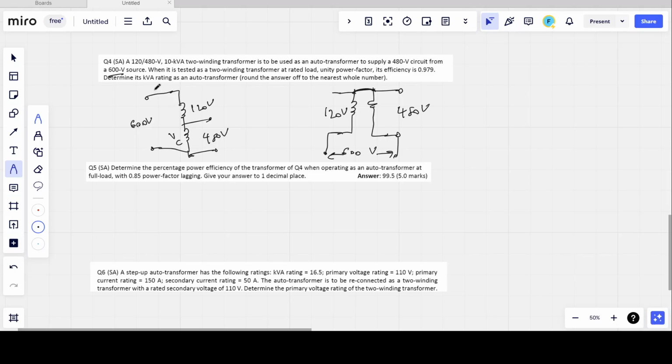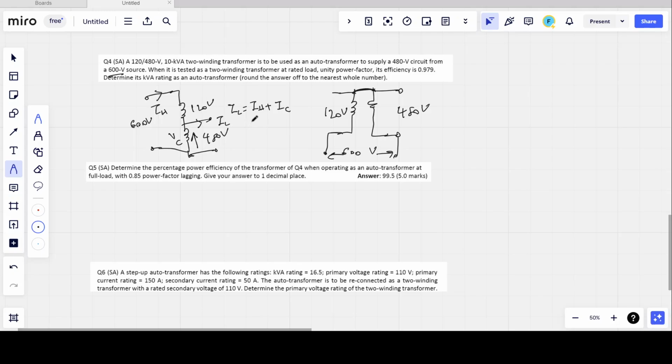Okay, this current is what we call I high, this current is what we call I low, and because this is a step down auto transformer, the current IC will be going up because we expect I low to be the sum of I high and IC.